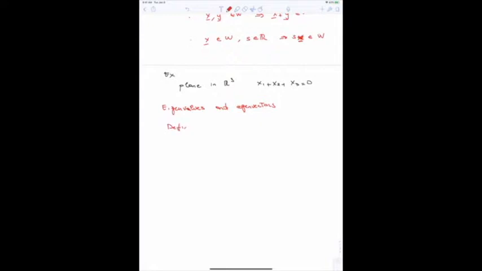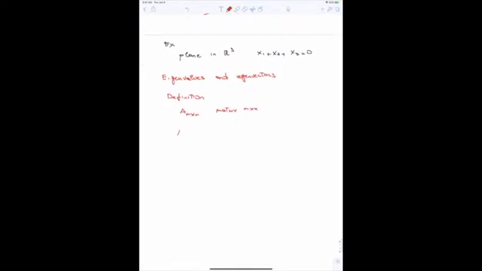Okay, so we start with the definition. If you take a matrix A of dimension m times n, A has an eigenvalue lambda and eigenvector x, with x not equal to 0, if A times x is equal to lambda times x.